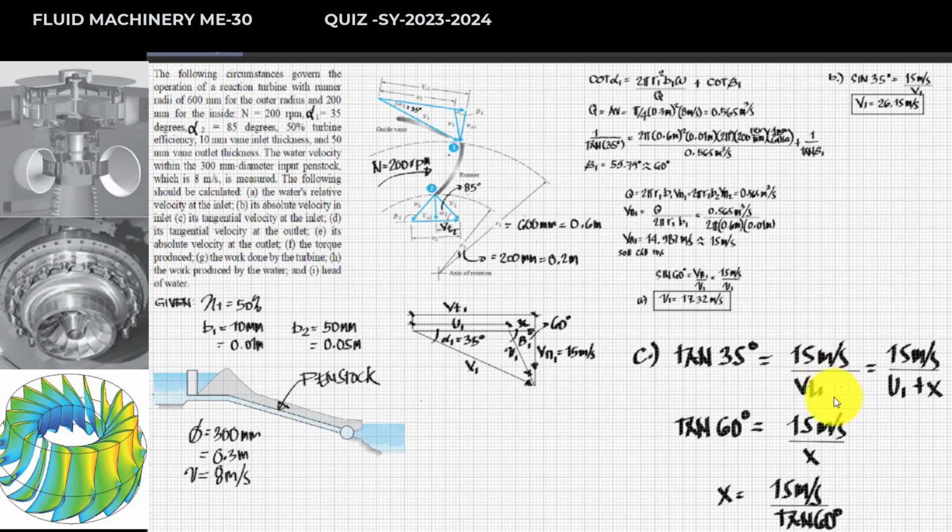But you will notice here that we came from the main equation, and we can directly solve it. We don't need to go there; we can directly solve this by using this equation.